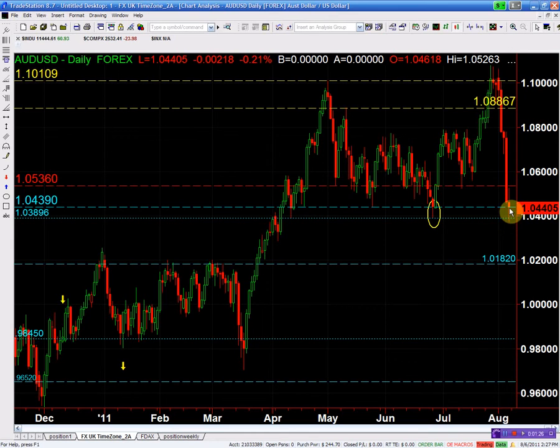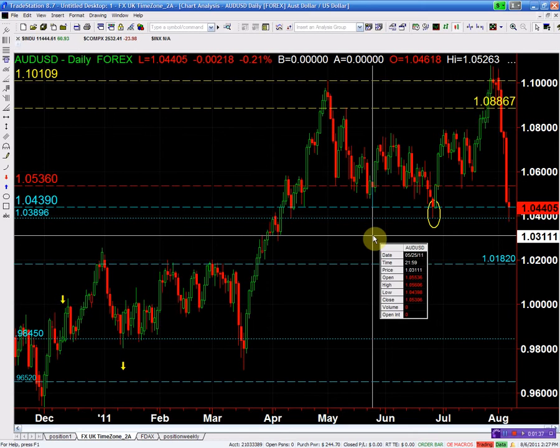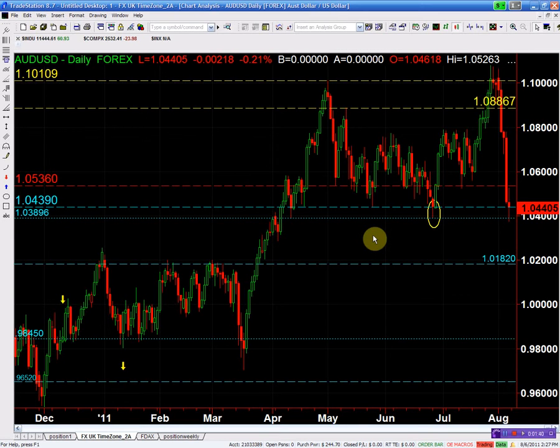And even with this bounce back, all the strength we were able to muster was to close at 104.40, and the structure point that we have here is 104.39. I mean, it's one and the same.